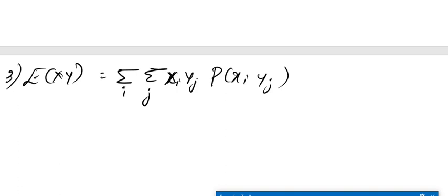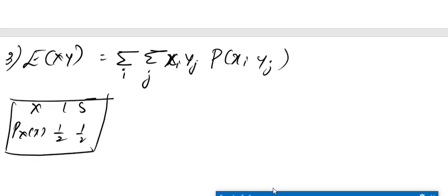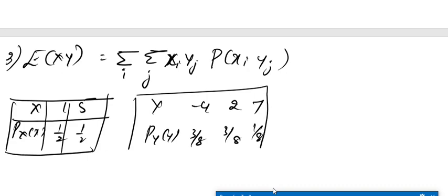That's it. So again I am going to rewrite the table so it will be easy for you to understand. So x was 1 and 5, px of x was 1 by 2 and 1 by 2. Similarly you can write it for y also. So y, which was minus 4, 2, 7, py of y is 3 by 8, 3 by 8 and 1 by 8. So once you know this table, it's always better to keep this table.